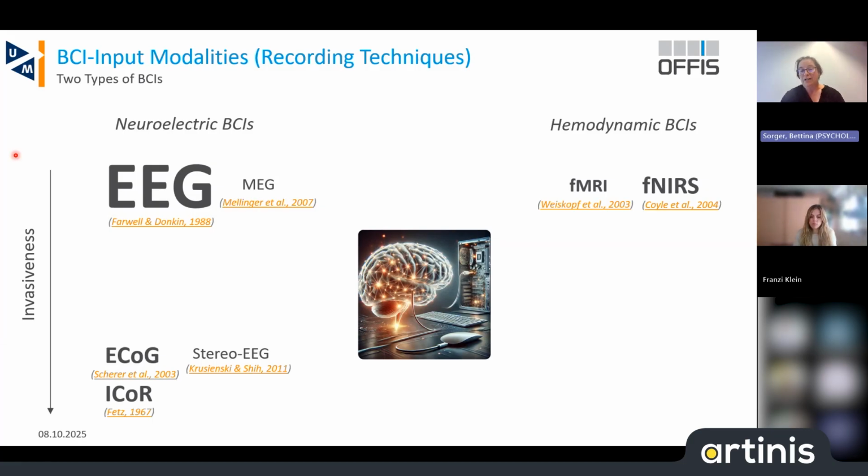And here we started first with fMRI BCIs. But also very shortly later came fNIRS BCIs into play. And you see already from the size of the fNIRS abbreviation that fNIRS might have had more impact on the hemodynamic BCI research and application in recent years.